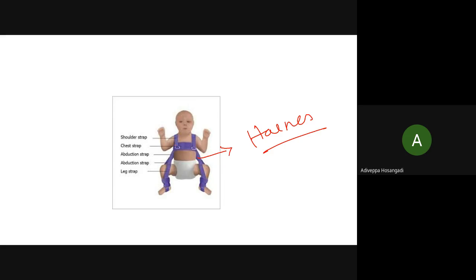Similarly, such a harness is used here, where the child's hip is kept in flexion, abduction, and external rotation. This is called the Pavlik harness. Pavlik harness is used in the hip which can be reduced easily. You reduce and keep this in position.